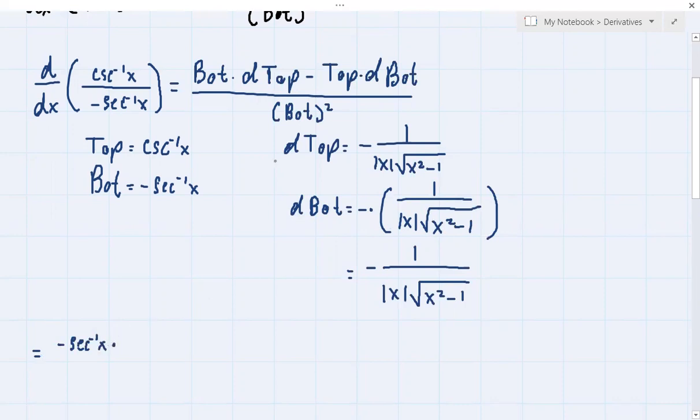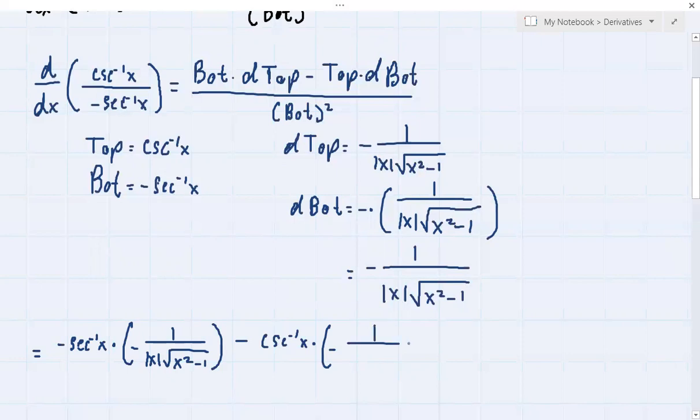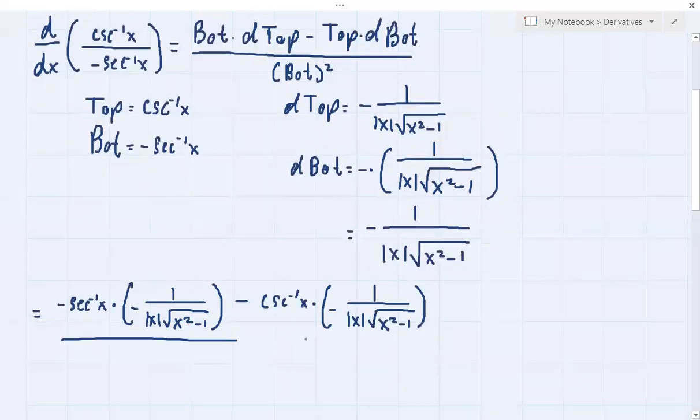Times on the top, sorry, we have negative 1 all over the absolute value of x times the square root of x squared minus 1 minus top, which is arc cosecant, times the derivative ng bottom, which is negative 1 all over absolute value of x times the square root of x squared minus 1. And all over the square ng bottom, which is the square of negative arc secant. All right?